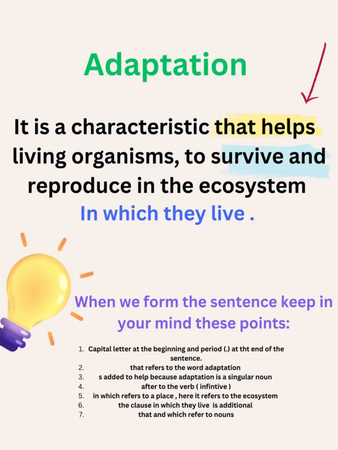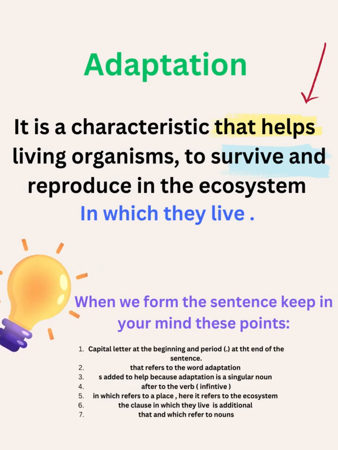Okay, and then we have here the verb helps. We put s on the verb help because adaptation is a singular noun, and as this sentence is in present simple, we put s on the verb because the subject is a singular noun.